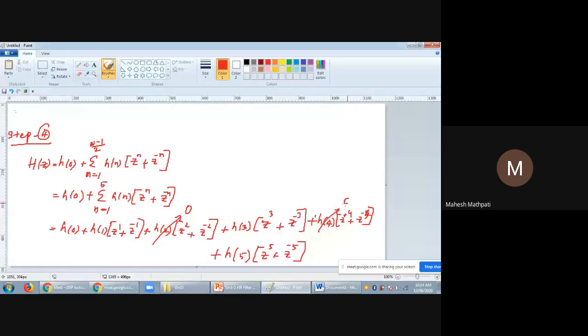So therefore, what I will write is the h of z value.